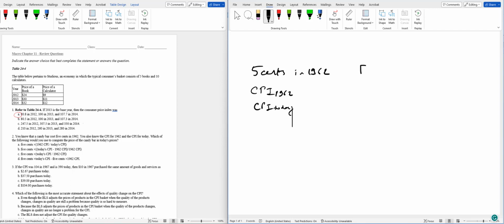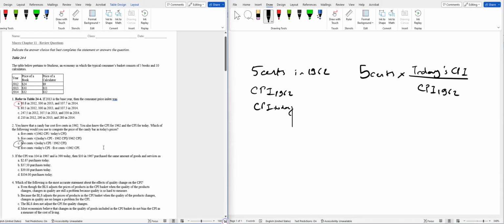So you are going to take the price in 1962, which is 5 cents. And then you multiply by today's CPI. And then you are going to divide this number by CPI in 1962. This is how you calculate price of candy bar in today's prices. Therefore, the right answer is this one.